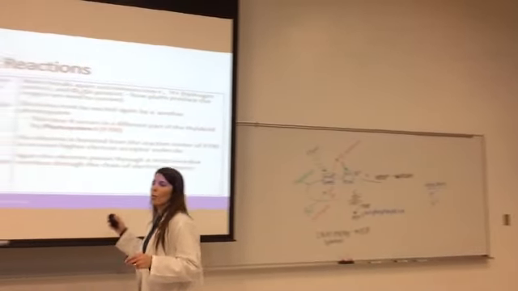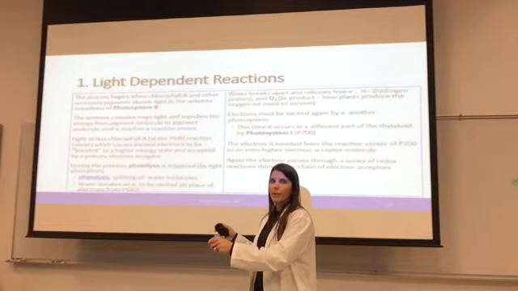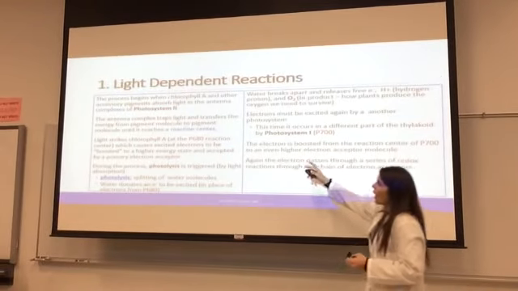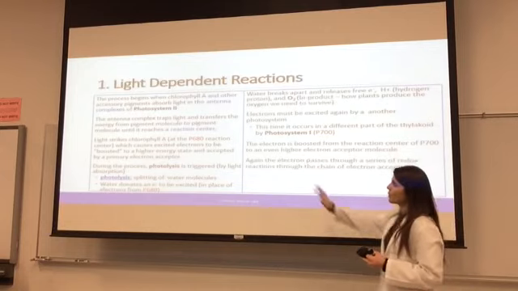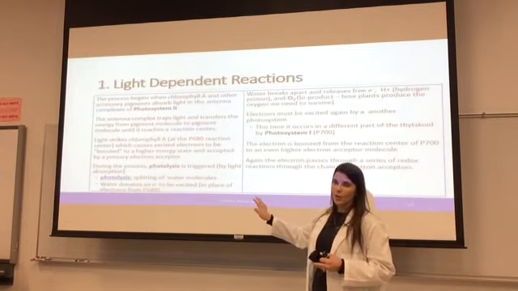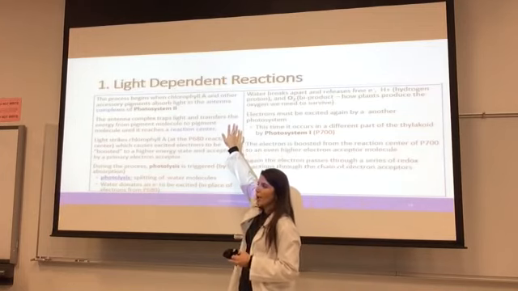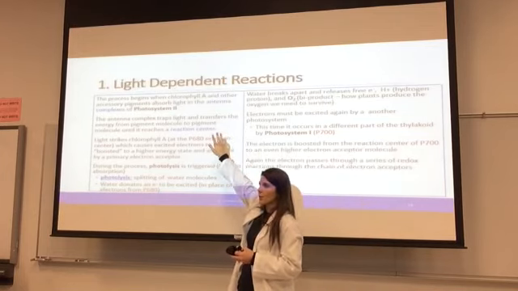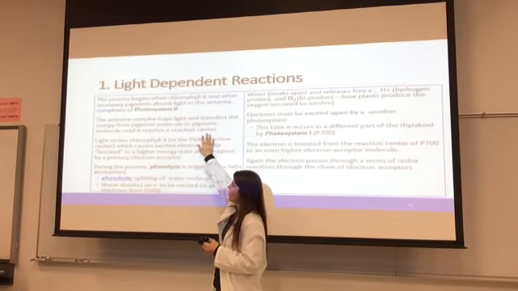Now I'm going to come back over and I want to kind of explain this slide right here. So everything I just drew and illustrated for you is put here in words. Okay? So it talks about the antenna complex being inside the photosystem, and then the reaction center being at the bottom of that photosystem.